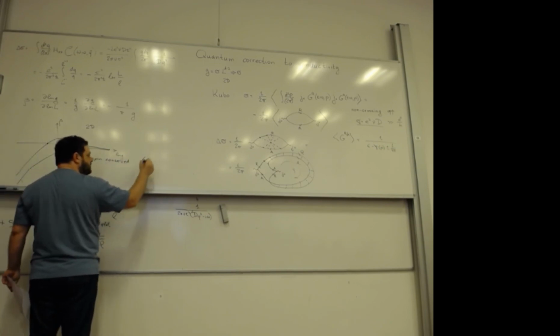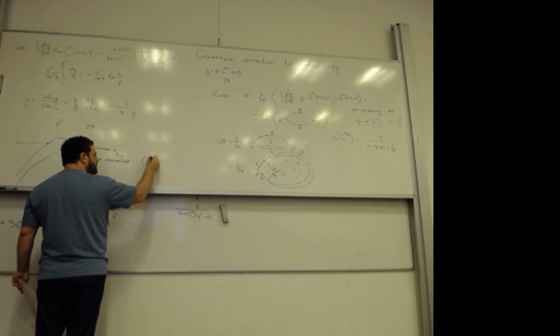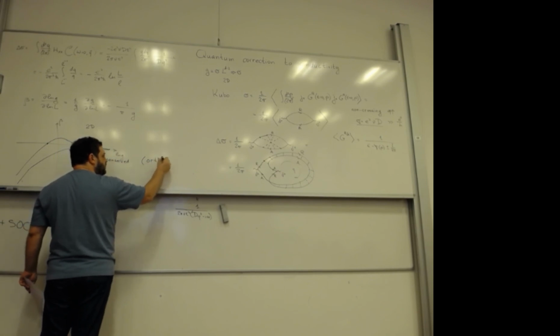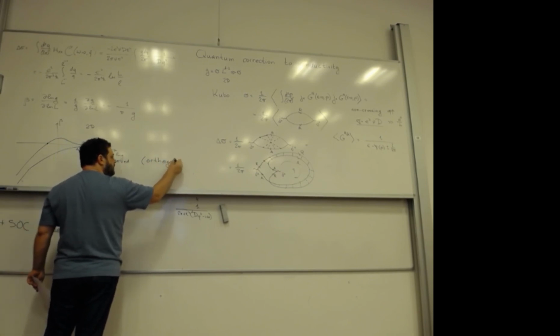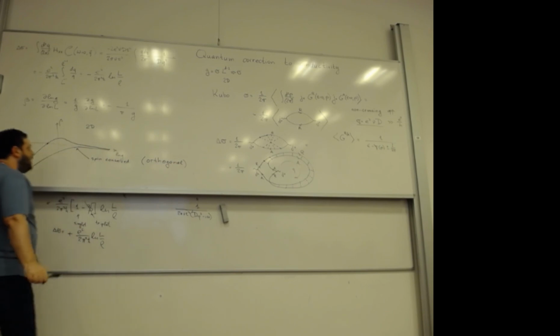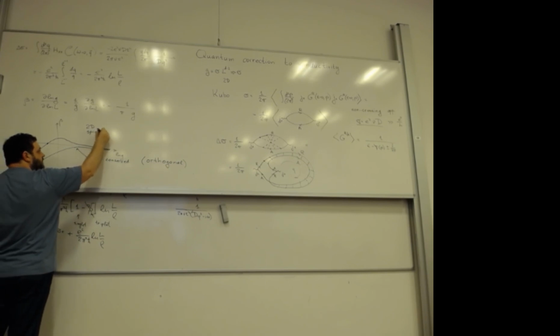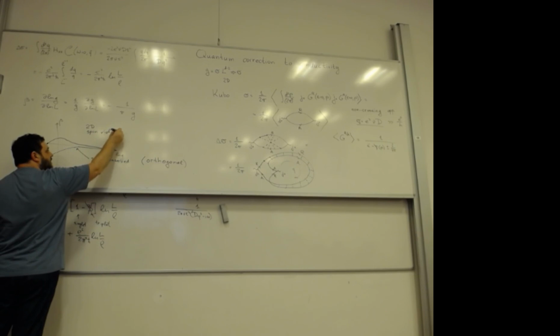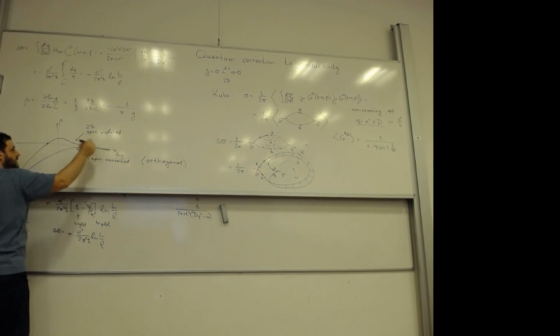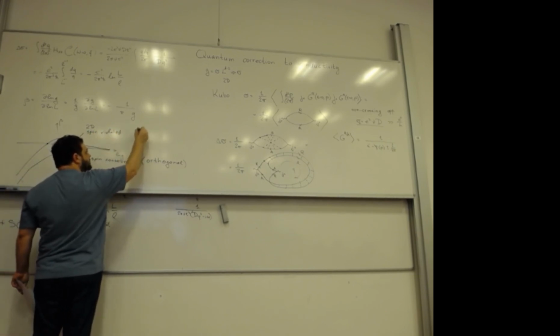And this situation is for some reason called orthogonal. And there is another situation when spin symmetry is violated due to spin-orbit coupling, spin violated. This situation, for some reason, is called symplectic.